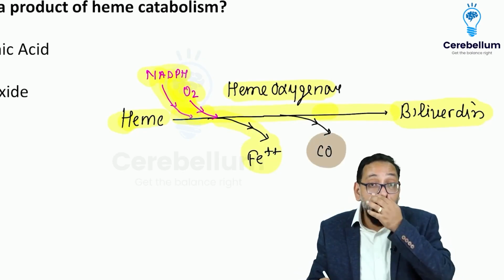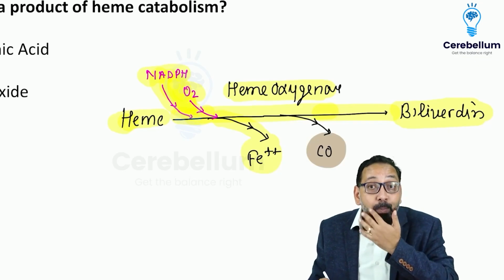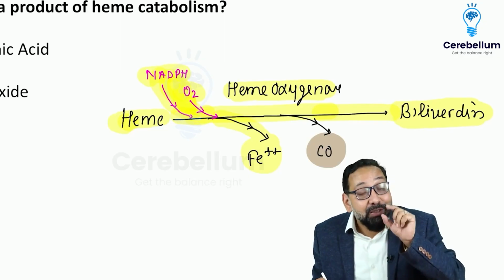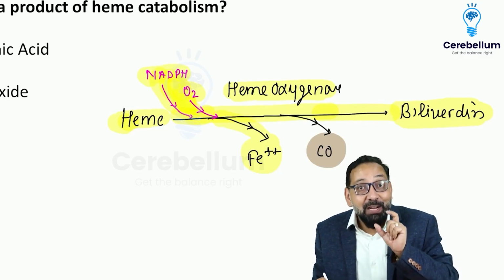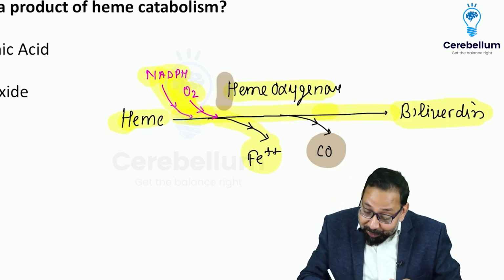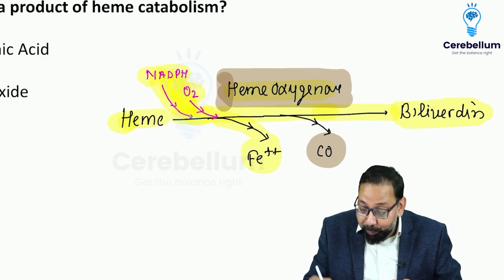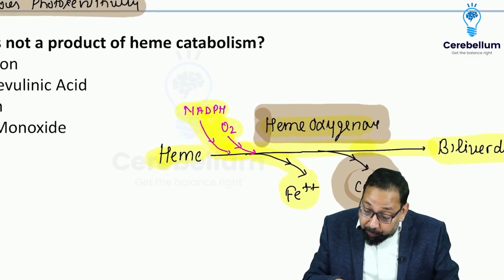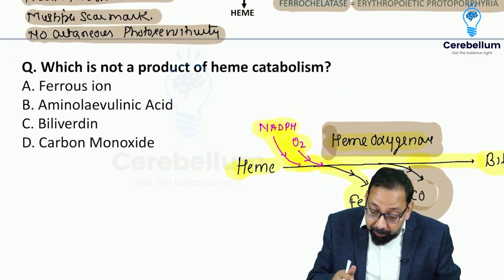You know, carbon monoxide is an inhibitor of complex 4 of the electron transport chain if it is exogenous. But this is the only pathway where endogenous carbon monoxide is produced. Question is asked: heme oxygenase or heme catabolism produces endogenous carbon monoxide. And which of the following is not a product of heme catabolism?